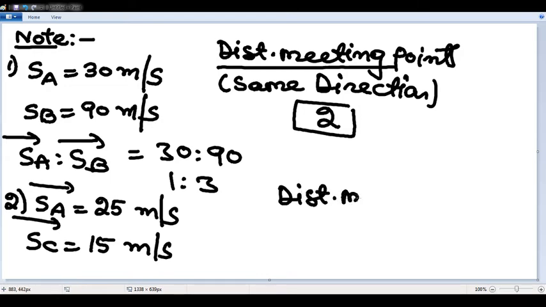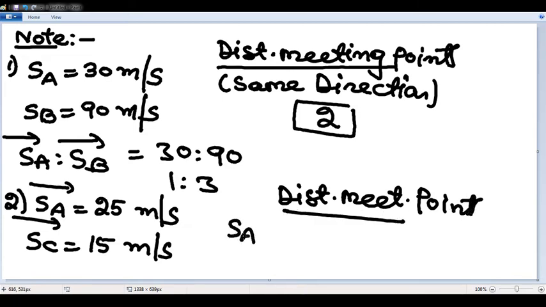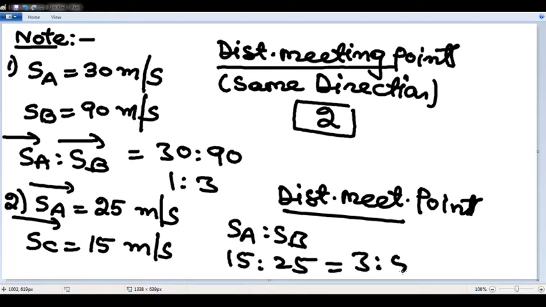If both are traveling in the same direction, the number of distinct meeting points: SC is to SA is 15 is to 25, which is 3 is to 5. So 5 minus 3 is 2. Make the question, right? Travel in the same direction.